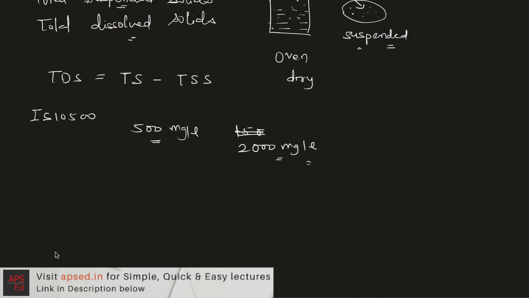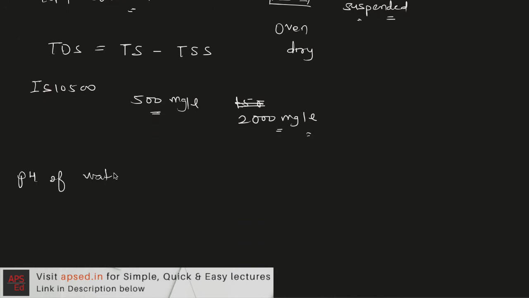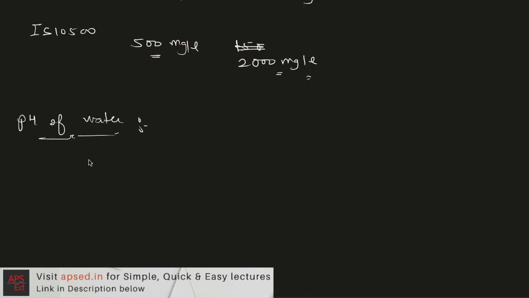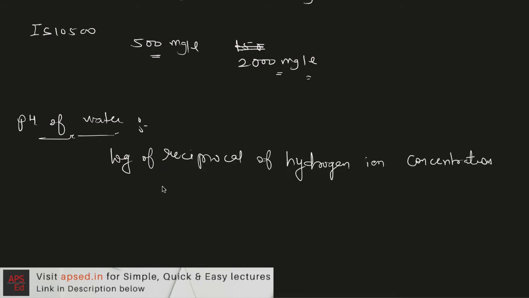Next, let's talk about the pH of water. So if we talk about how pH is defined, basically pH indicates the log of reciprocal of hydrogen ion concentration, and it tells how acidic or how basic the water is.